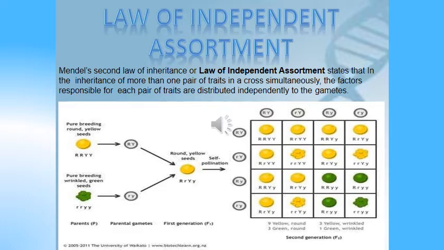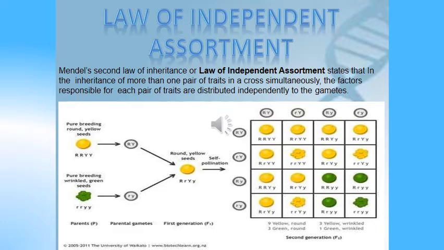Here you see the pure breeding round and yellow colored seed. At the same time, we have pure breeding wrinkled and green seeds. Can you see here? The parental gametes here will be capital R, capital Y, and small r, small y, because these 2 are recessive traits, these 2 are dominant traits.